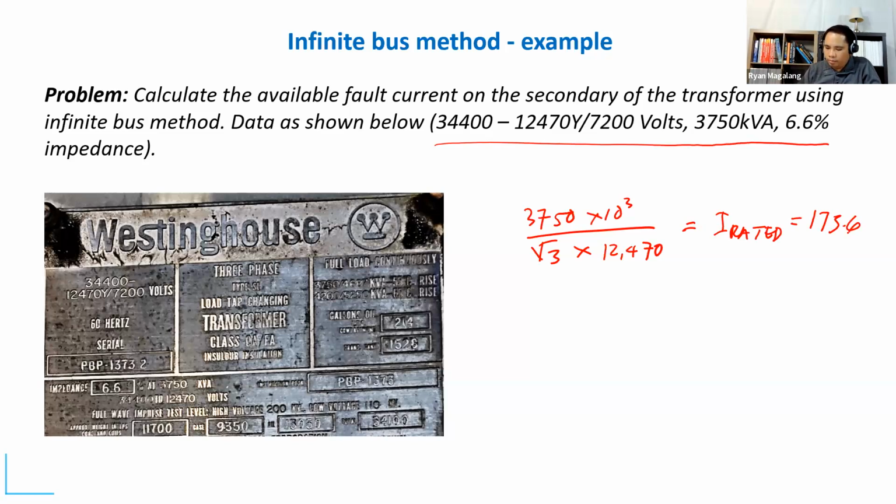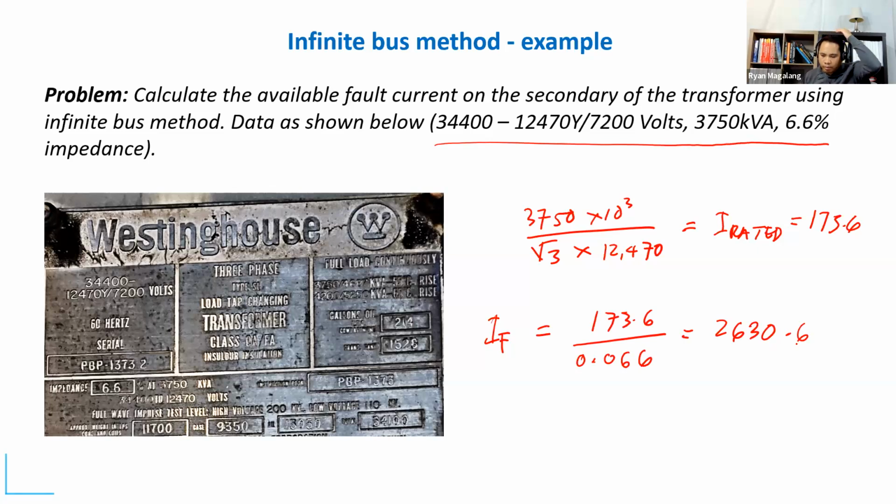And then simply to get the fault current, it is 173.6 divided by your per unit impedance, which is now 0.066. So now you have 2630.6 amps.